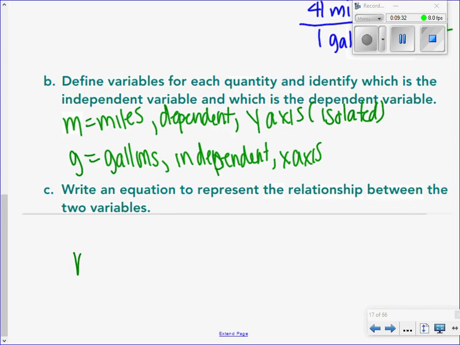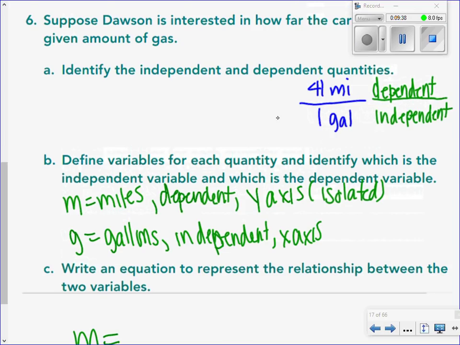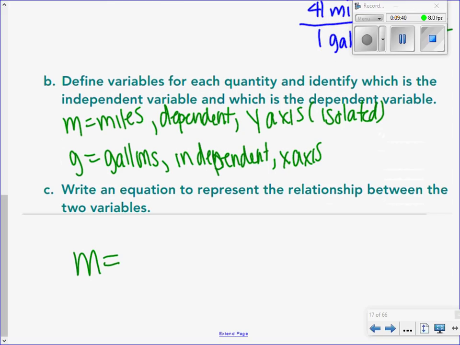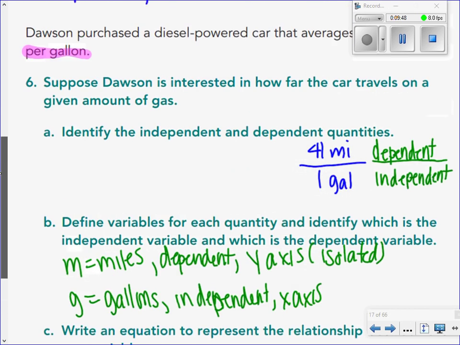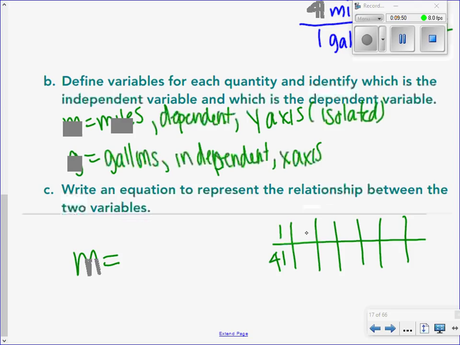So that means it's M equals, if he uses 1 gallon of gas, he's going to go 41 miles. If he uses 2 gallons, so here, look. This is kind of our table. 1 gallon, 41. 2 gallons, 82. 3 gallons, I need a calculator.